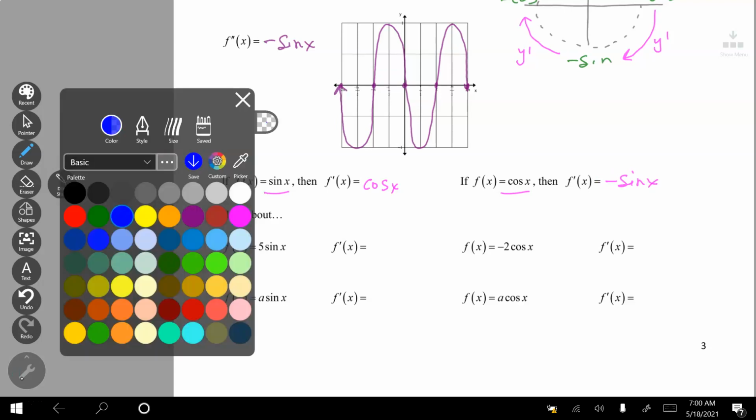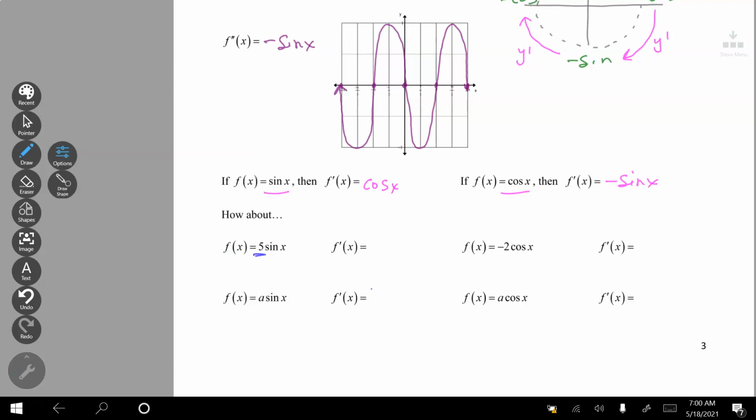So how about when I have these things in front called coefficients? Coefficients get a free ride. They just go along for the ride. So if the derivative of sine of x is cosine of x, then the derivative of 5 sine of x is going to be 5 cosine of x.